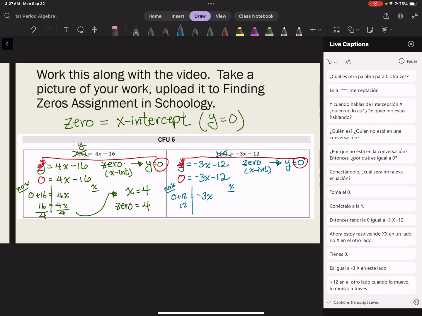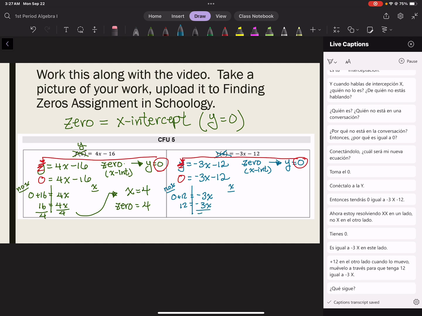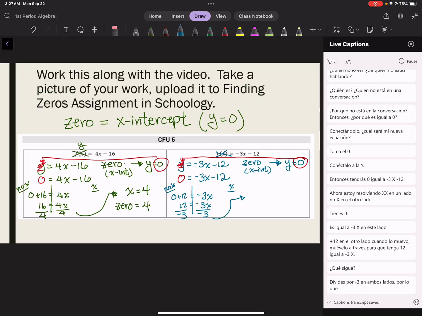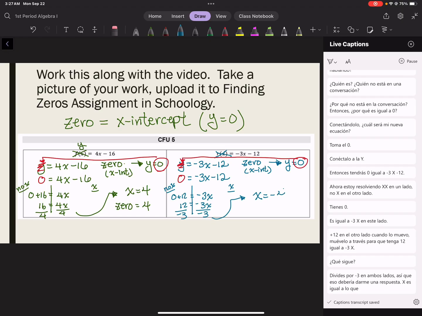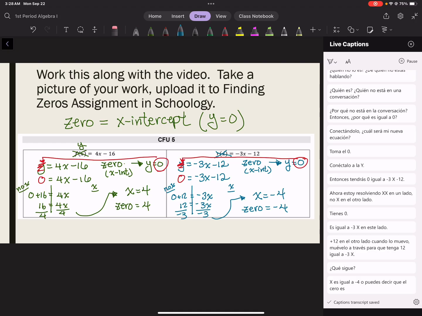So I have 12 equals negative 3x. What's next? You divide by negative 3 on both sides. So that should give me an answer. X equals to what? X equals negative 4. Or you can say the 0 is equal to negative 4.